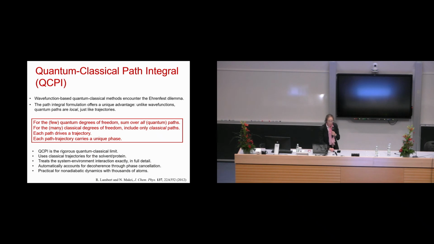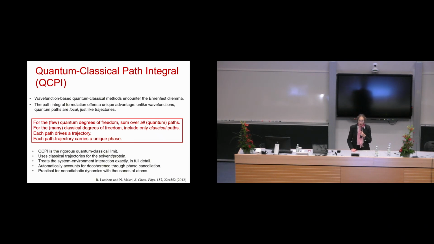Another extension of all this to systems in anharmonic environments, such as solvents and protein environments, involves combination of the path integral with classical trajectories. And we call this method QCPI. It is a rigorous quantum classical approach. It does not rely on Ehrenfest forces or anything like this. And it is rigorous because we are combining quantum and classical methods here, but in a formulation that is local in space.